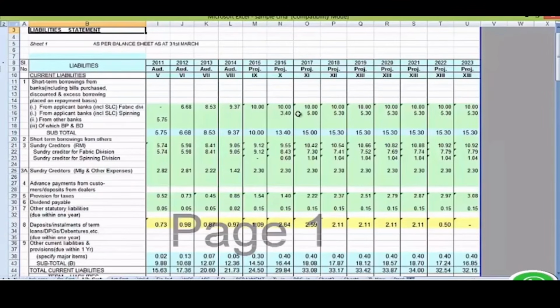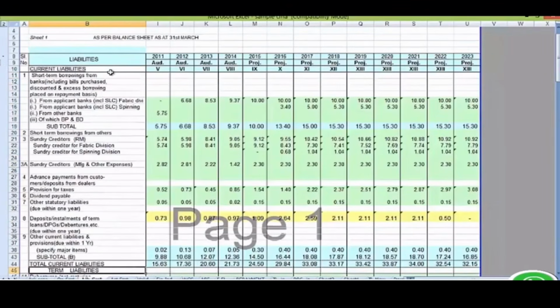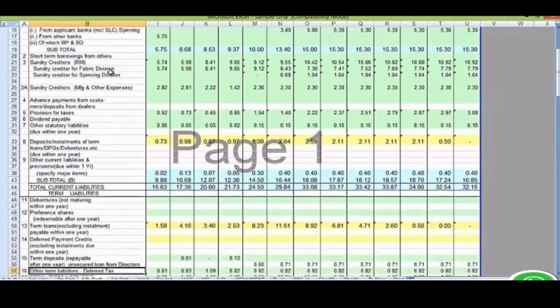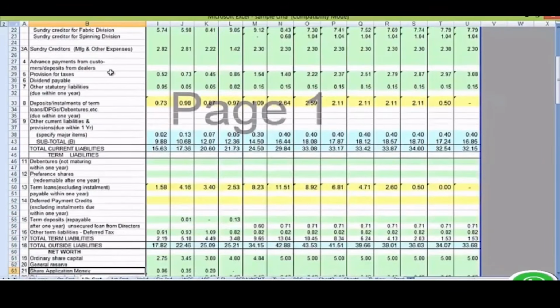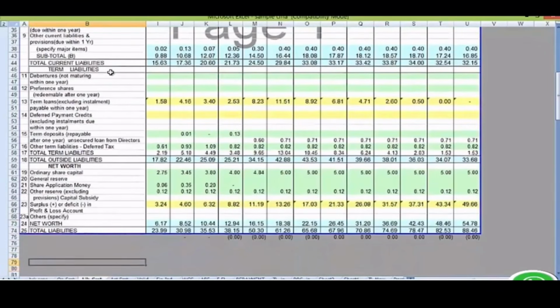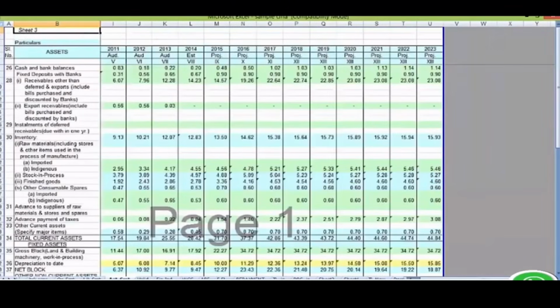So the liability statement will classify the liabilities into current liabilities, then term liabilities, that is those liabilities which are payable after 1 year, then the other portion into net worth. This is nothing but the owner's contribution, which is in the form of capital, reserves, etc. So total liabilities will be captured in this statement.